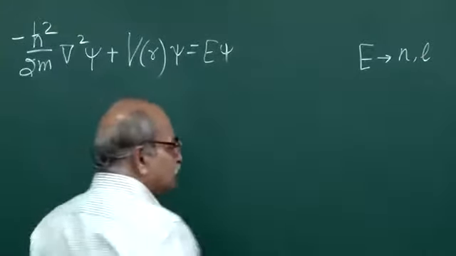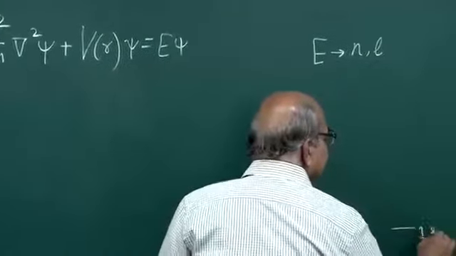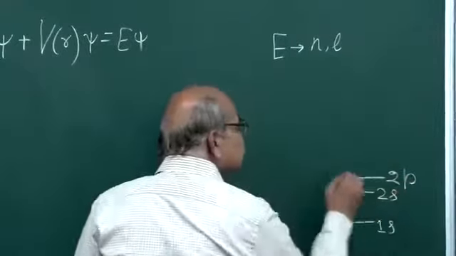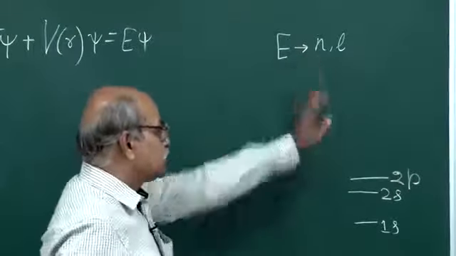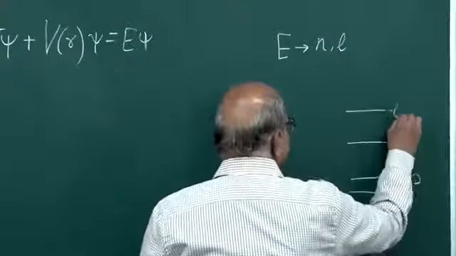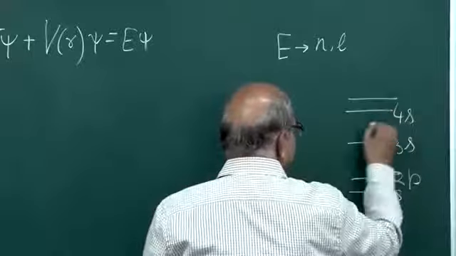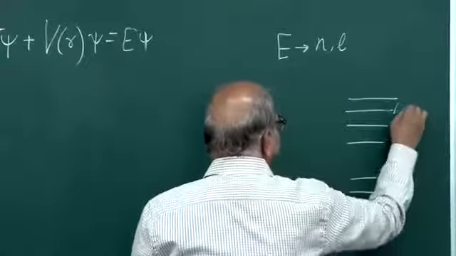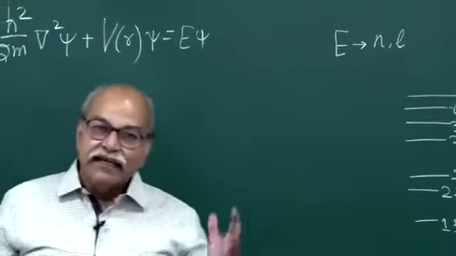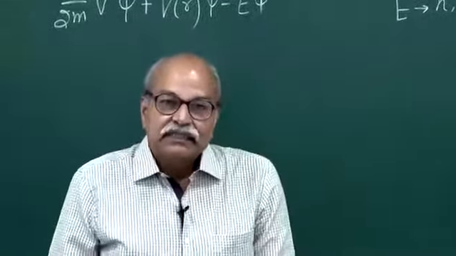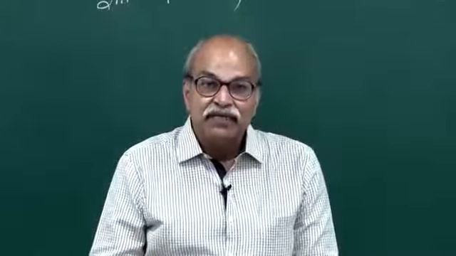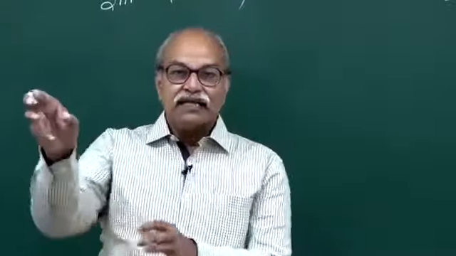So, you have those states 1s, 2s, then 2p, whose energy is different from 2s energy, since it depends on l, and then 3s, 4s, 3d, 3p, all those things. And then we talked about aggregation of atoms, as in the case of a gas or a vapor, where you have identical atoms.